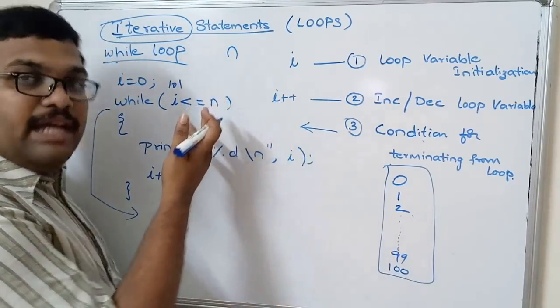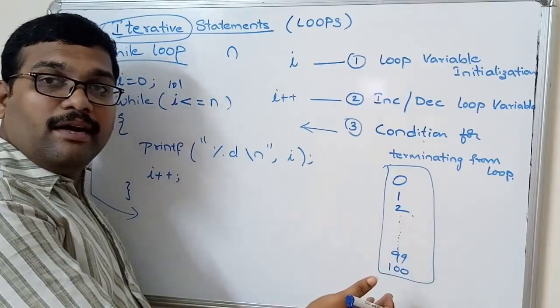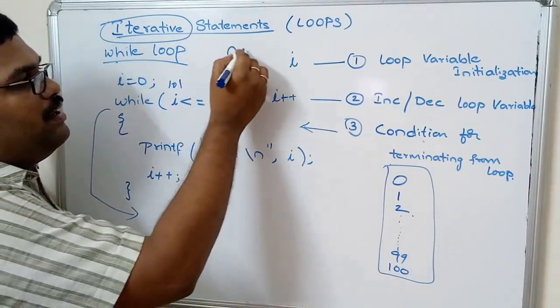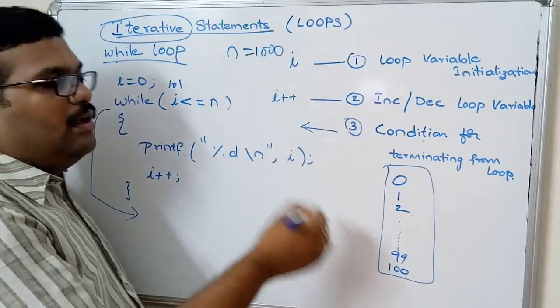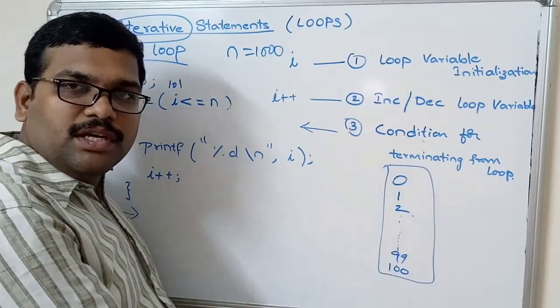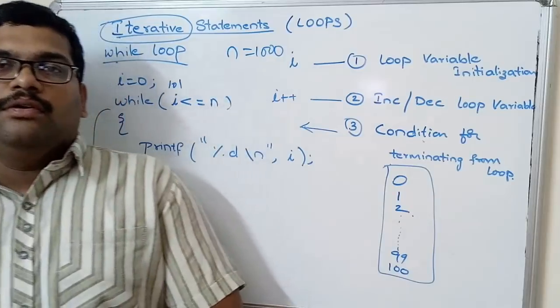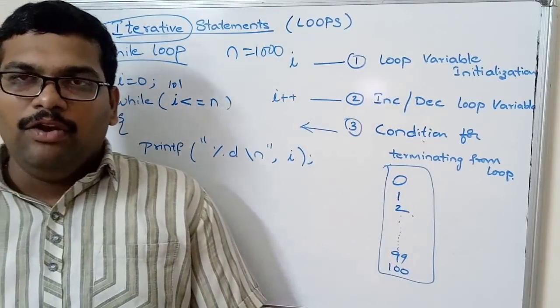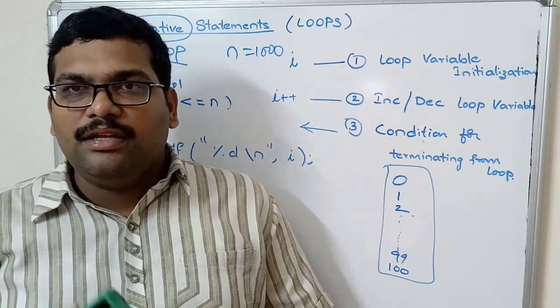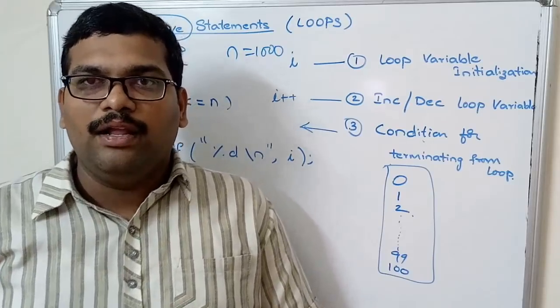If you read n as 100, the output will be 0 to 100. If n is 1000, the output will be 0 to 1000. Right? So hope you understood this while loop, and let us see the second loop, that is do while.